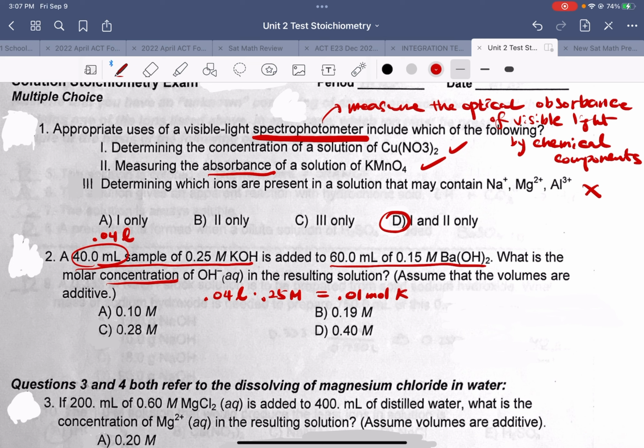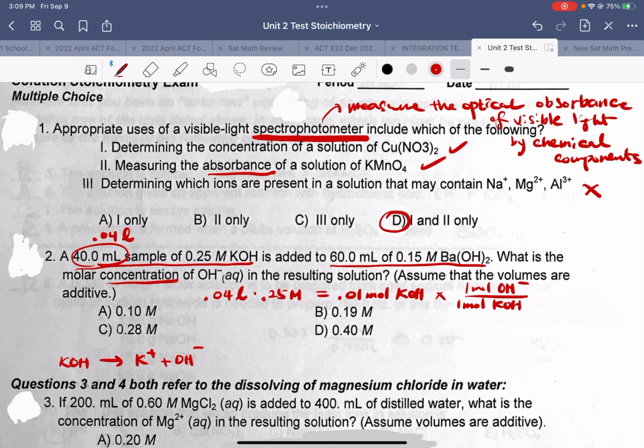of KOH. So 1 KOH, right? That potassium hydroxide will give the same mole of OH minus. 1 mole of KOH gives 1 mole of OH minus, because when KOH ionizes, K is group 1, so K plus and OH minus, the hydroxide ion.